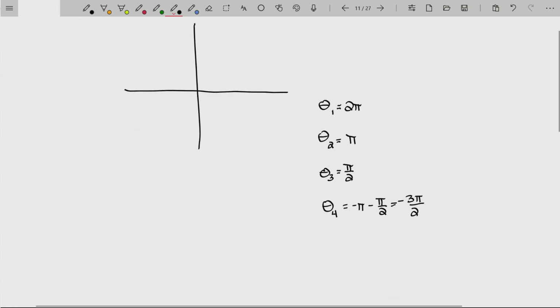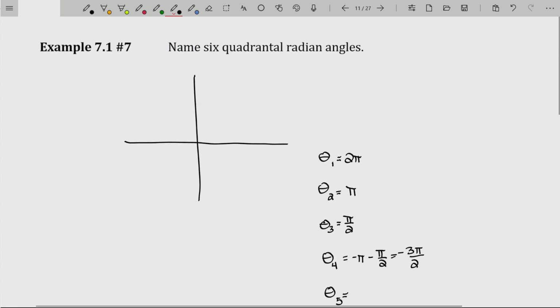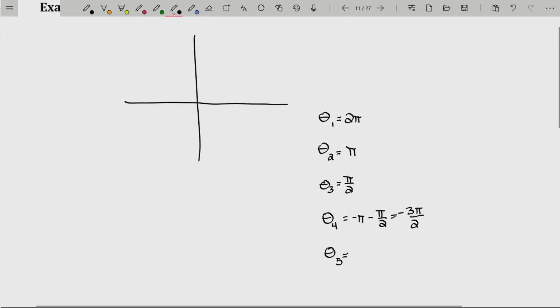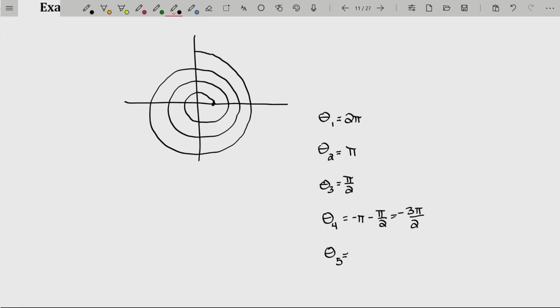Let's do another one. Basically all you're doing is adding pi's or pi over 2's, or 2 pi's. Let's suppose that I start in standard position, on the positive x-axis, and rotate around 3 times, plus a half. Rotating around 3 full times plus a half.